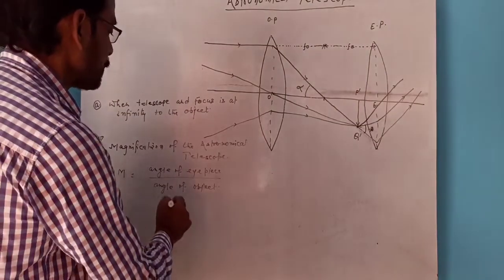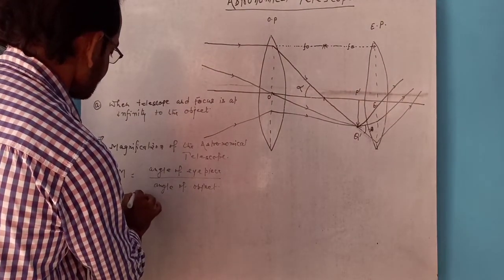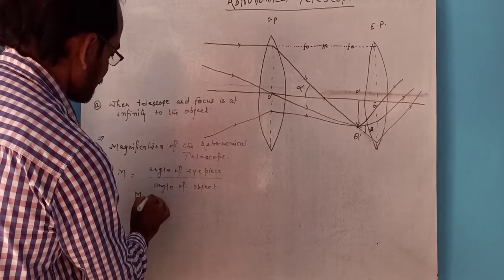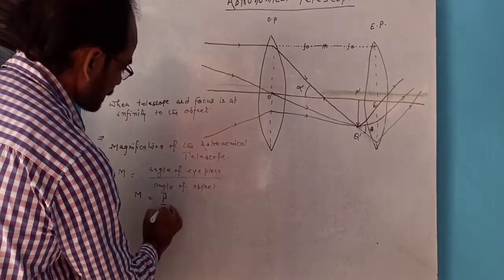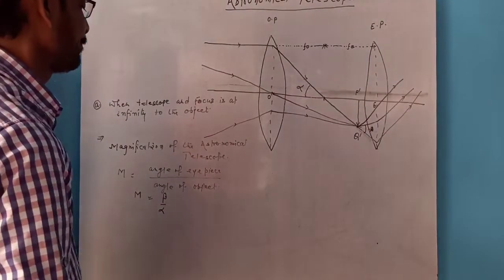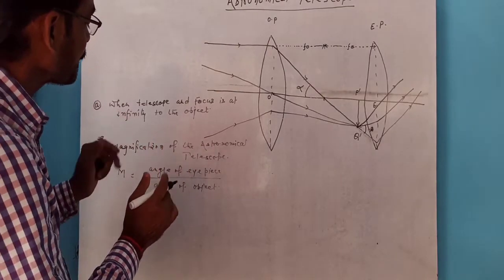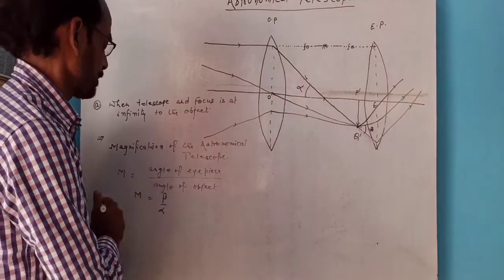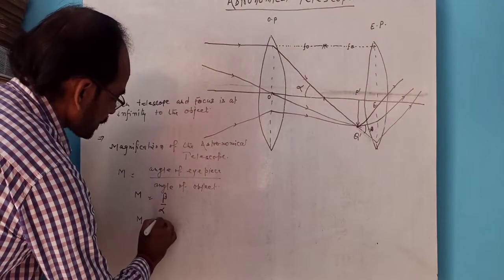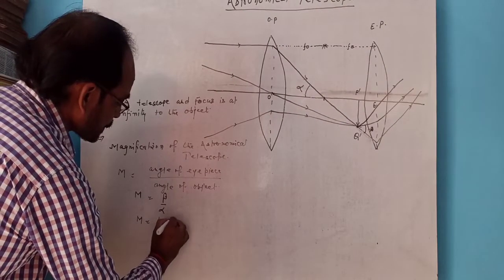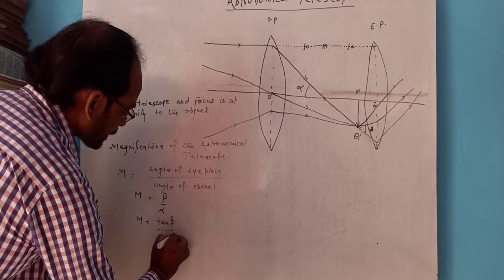So we can write magnification power m equal to beta upon alpha. Since the angle is very small, we can write m equal to tan beta upon tan alpha.